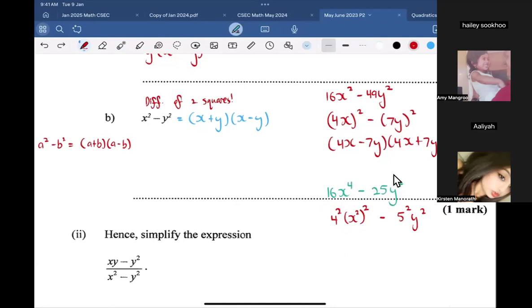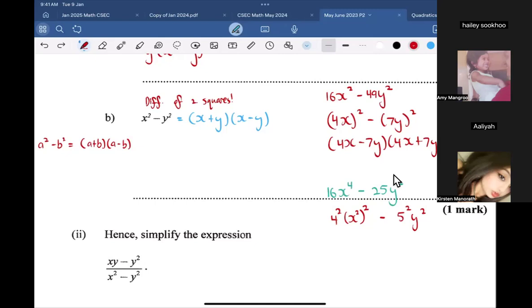So I have x to the power 4. Is x to the power 4 the same thing as x squared? No, because one is 4 and one is 2. Is 4,000 the same thing as 2,000? No, you prefer the 4,000.